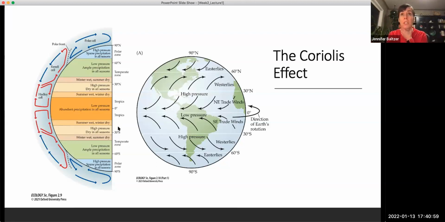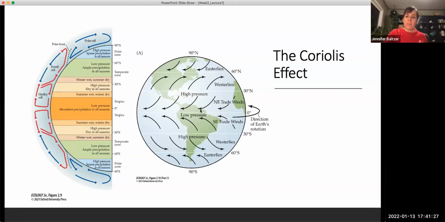Okay, so because the Earth is turning all the time, you have air that starts here in this area of high pressure, moving toward this area of low pressure. And because the Earth is turning in this direction, the air gets displaced to the right in the northern hemisphere.